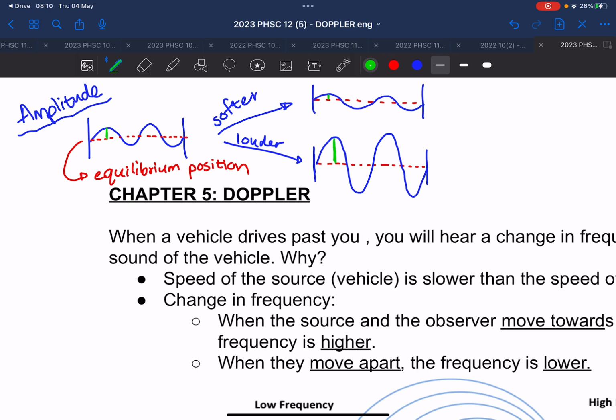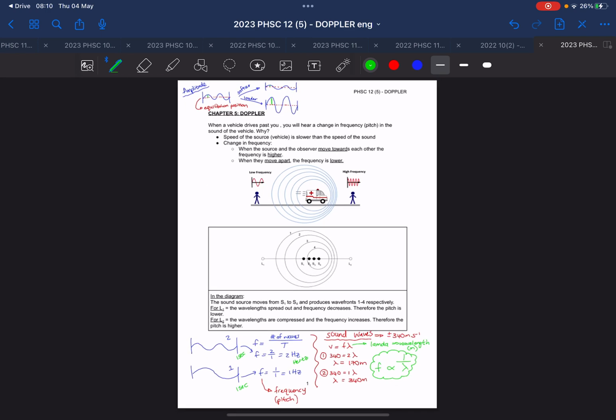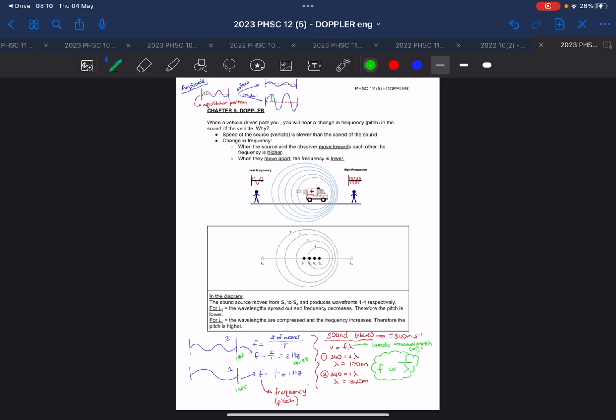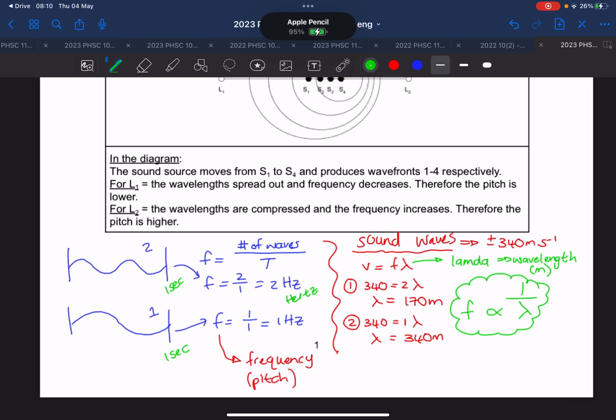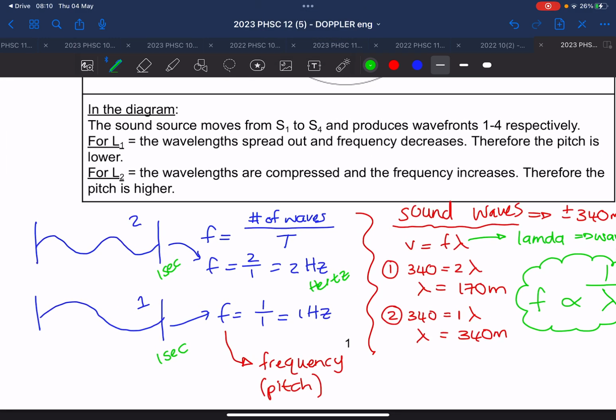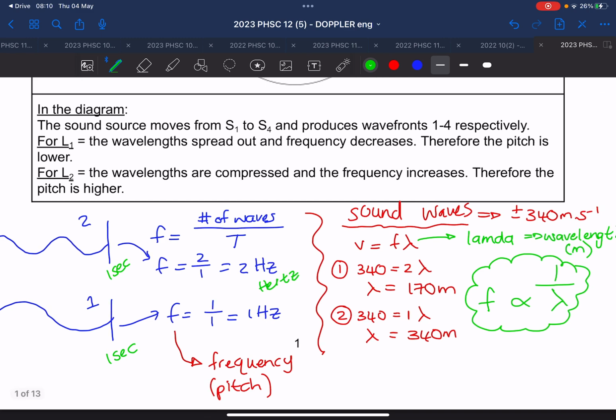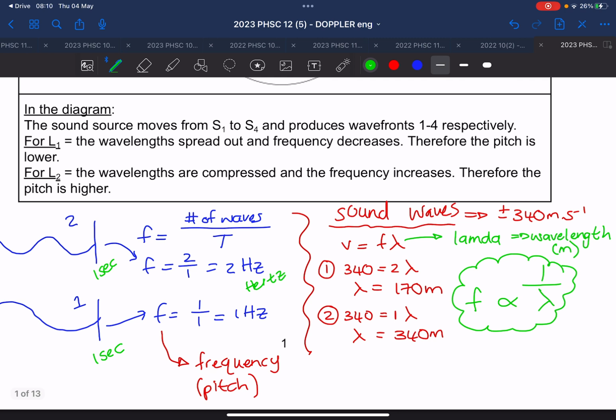Alright. Okay, so that is your background information from grade 10. I'm just going to revise them quickly. We have frequency. Frequency is how many waves we have, and that is linked to the pitch. Then we have the wavelength, how long or how short the wave is.